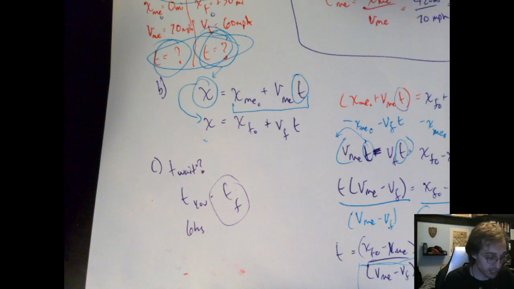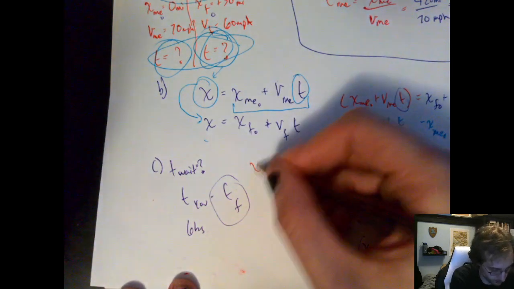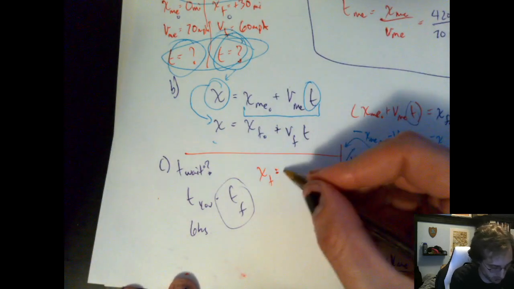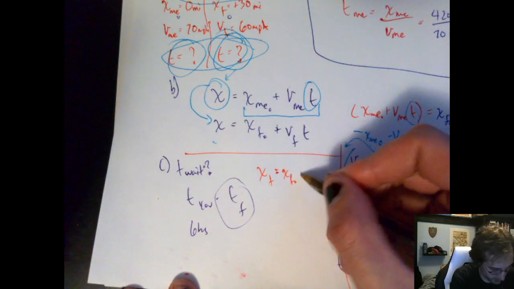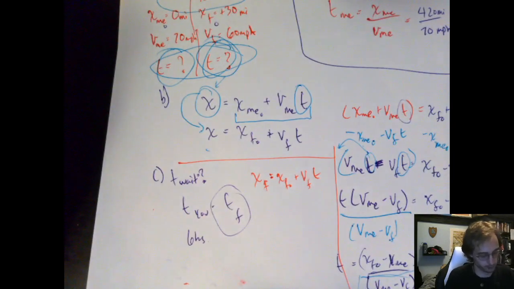The time for your friend is actually going to be very similar to the time for you, except because of that 30, we do have to be a little more careful with the equation. So the position for your friend is going to be equal to the initial position for your friend plus the velocity of your friend times time.